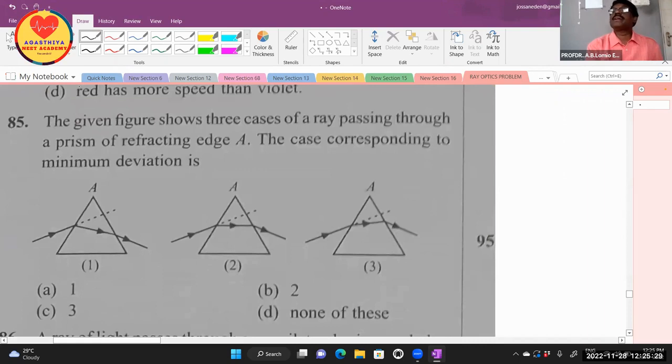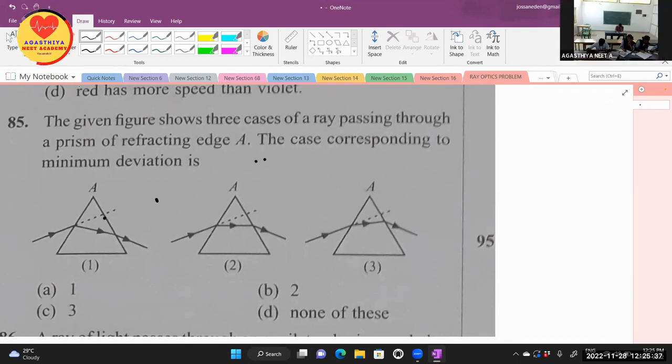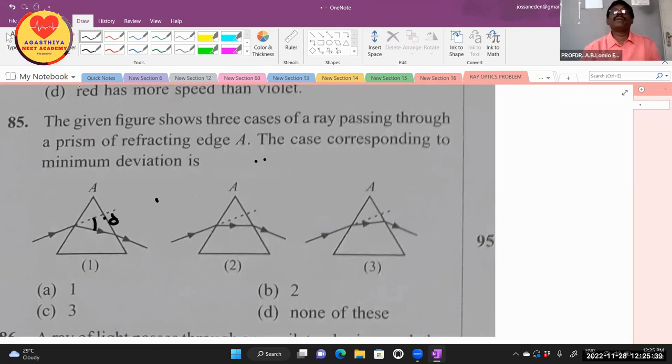On the left hand side, the incident ray falls, and on the right hand side, the emergent ray comes out. This is the angle of deviation. This is also the angle of deviation.